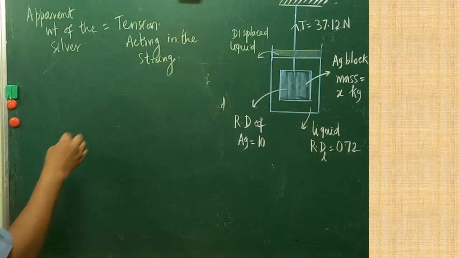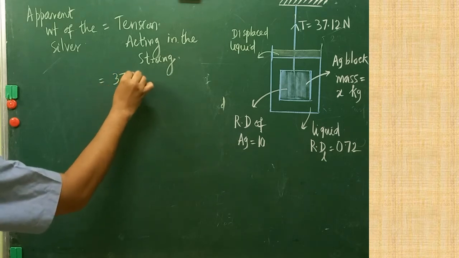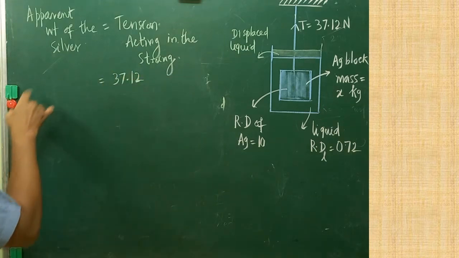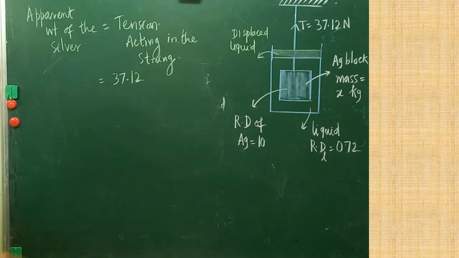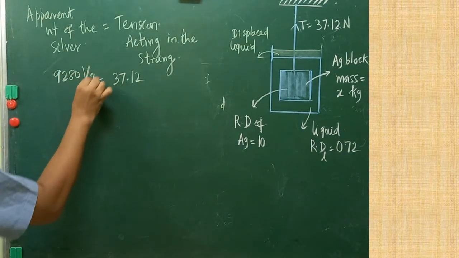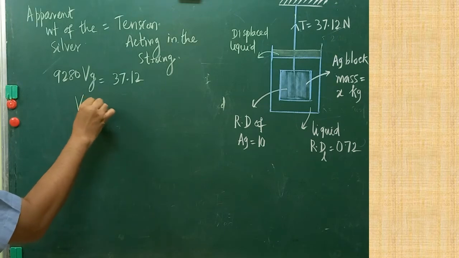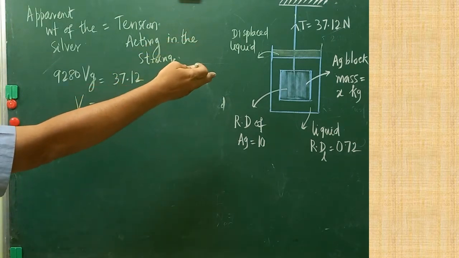Are you clear? So the tension acting in the string is already given. How much? 37.12 Newton. The apparent weight of the silver was already calculated, so the apparent weight is equal to 9280 Vg. V is nothing but volume and g is acceleration due to gravity. From this we are able to get the volume of the liquid displaced, or the volume of the Ag block.